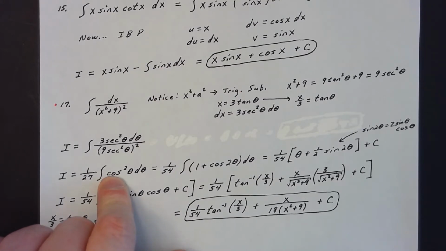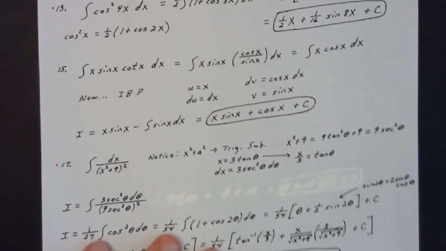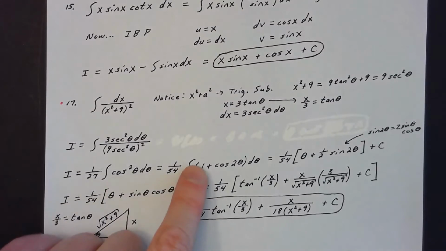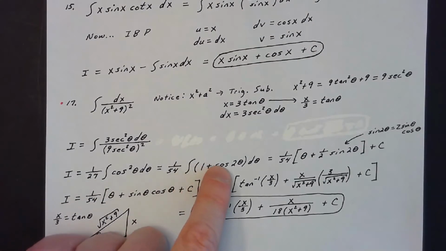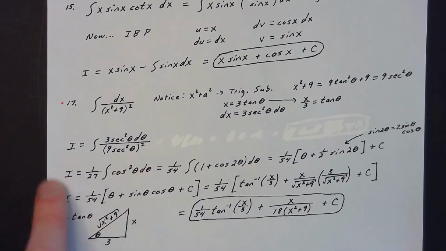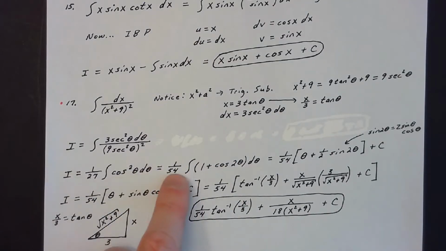We're going to use that same reduction trigonometric formula that I used in number 13 up here. The cosine squared theta is going to equal 1/2 times the group, 1 plus the cosine of twice the angle. That 1/2 factored to the outside, which is why the 1/27 became 1 over 54.